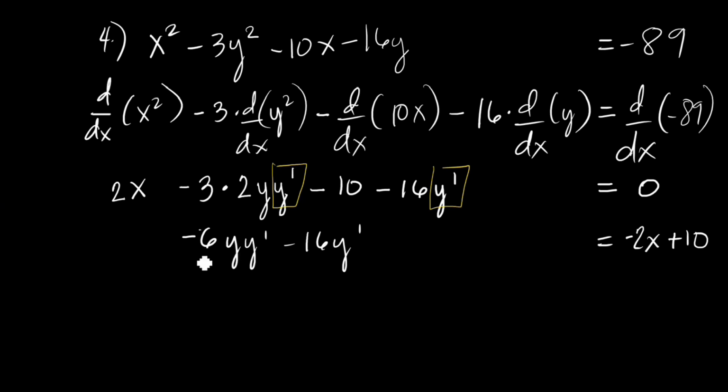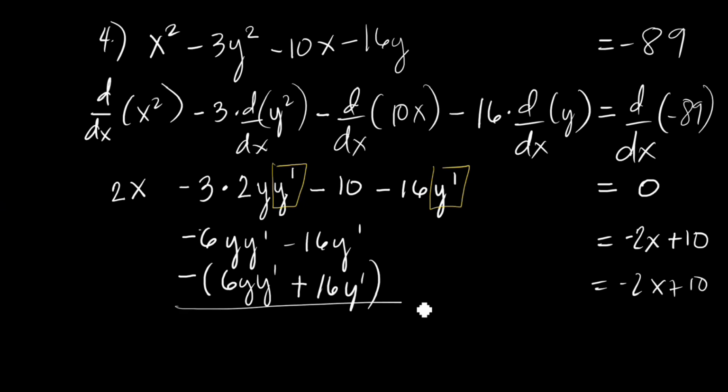So what you can do is just factor, if you like. So let us factor. We have 6y prime minus, so that will become 16 plus 16y prime. That's what you can do. The negative 2x plus 10. Then divide both sides by negative 1, so we can cancel this.